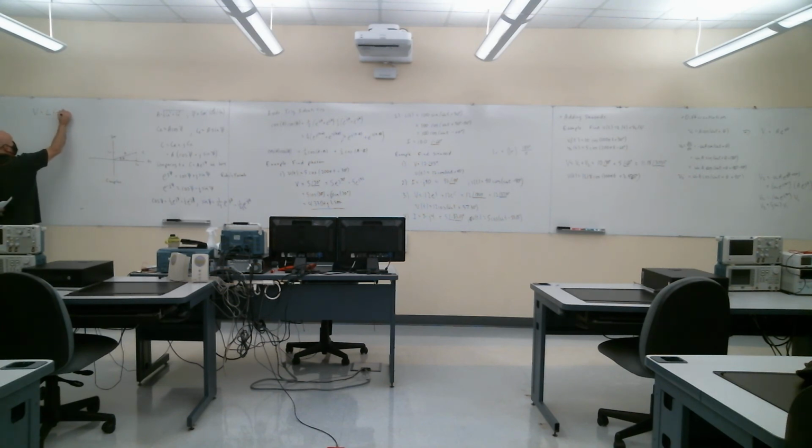So in the phasor domain, to find the voltage across the inductor, I just multiply the current by j omega and L. Or I can write this a little differently. To get the voltage across an inductor, I multiply the current by j omega L. Now this looks a lot like Ohm's law, right?